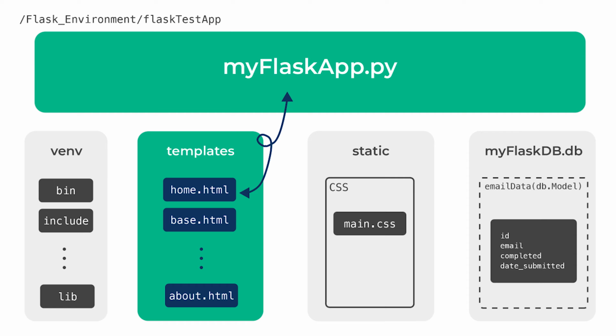Otherwise, templates is just the default that most people use. More on that topic later. The thing that you need to worry about at this point in time is that templates essentially contains HTML files, and these HTML files through the myflask-app.py executable extract information from other folders that is needed in order to realize or execute the templates, and we'll talk more about that.